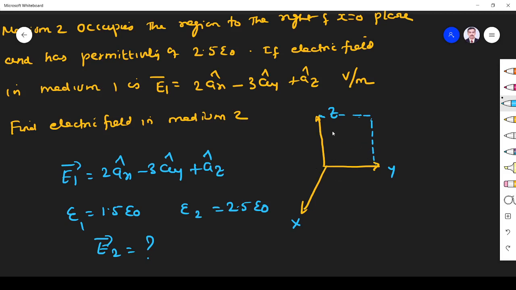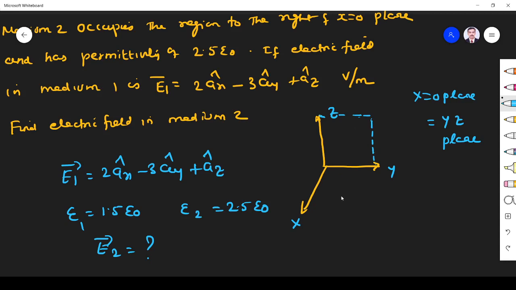The x = 0 plane is nothing but the YZ plane. In the YZ plane, x is equal to 0. Let us assume that x comes out of the screen, so that area is medium 1, and inside the screen is medium 2.